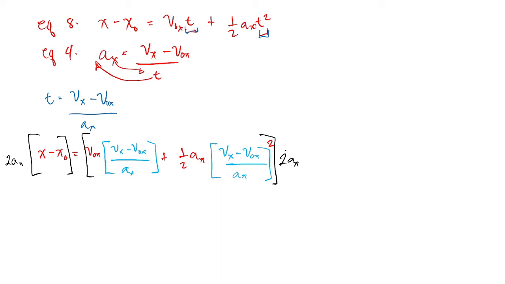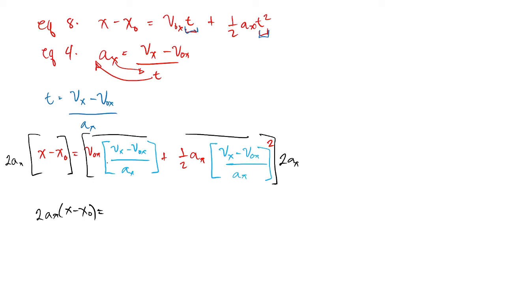Okay. So what will happen here is simply we just need to multiply our 2ax or 2 times our acceleration to our displacement, which is x minus x naught, and that will be equal to, since ang mangyayari dito class, we just need to distribute this 2ax towards this quantity and this quantity.